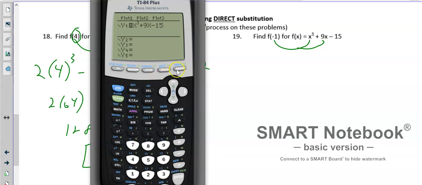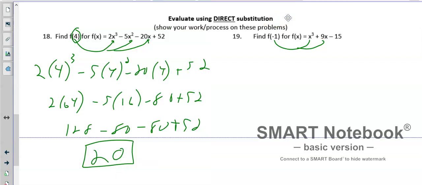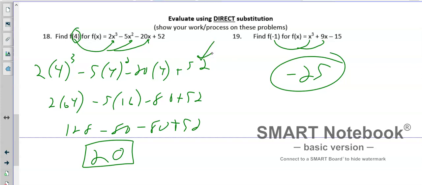And go to our table and just look for negative 1. It's right there, negative 25. All right, much faster, much easier. Now, I would maybe suggest write this first line, just show the work you're doing, but then put it in the calculator if you want to save time. Or even if you just show this and say calculator, that's how you show your work.